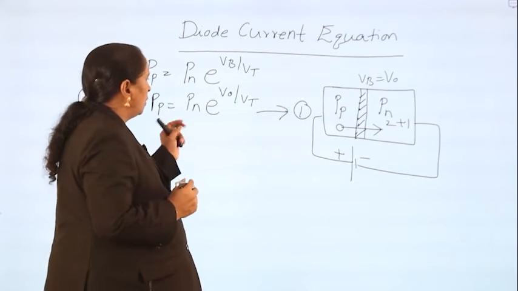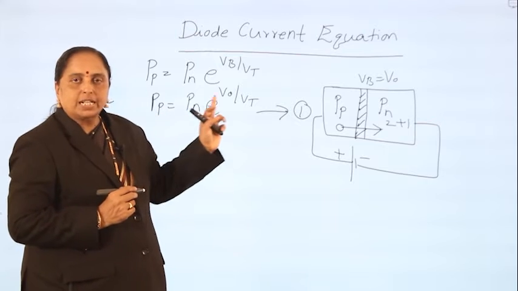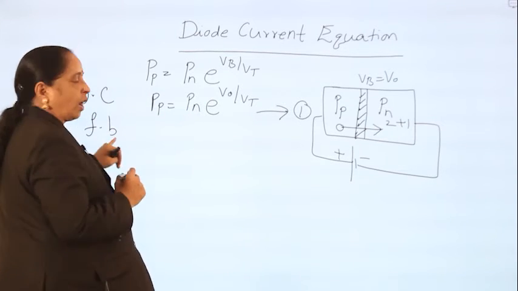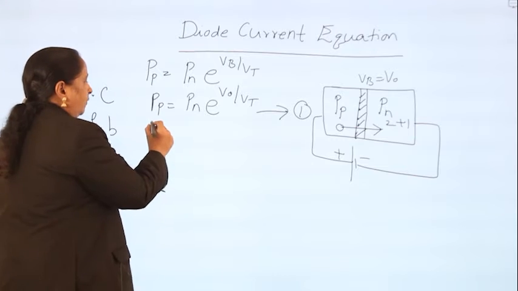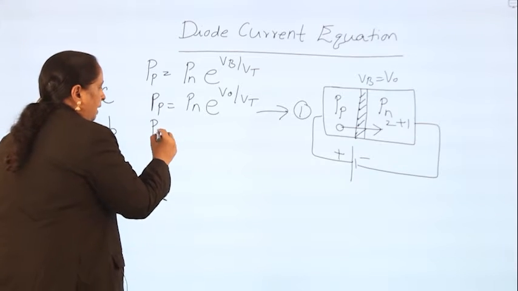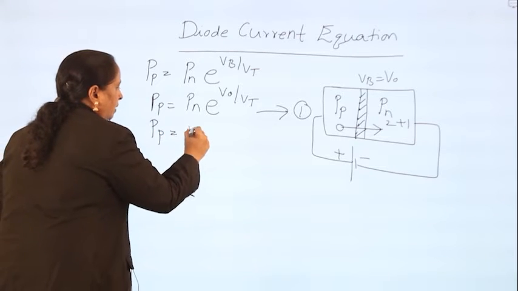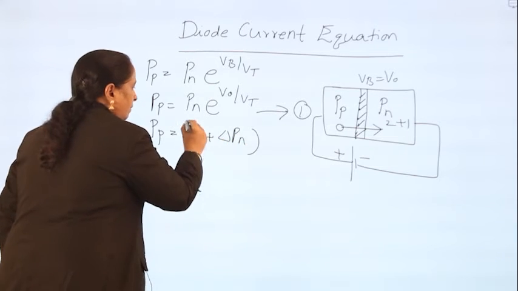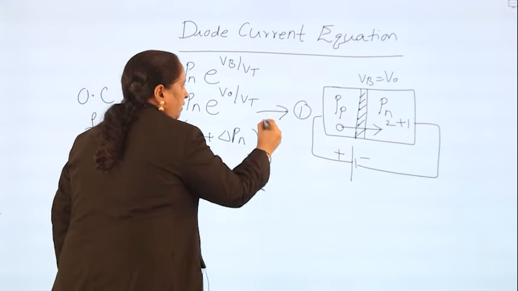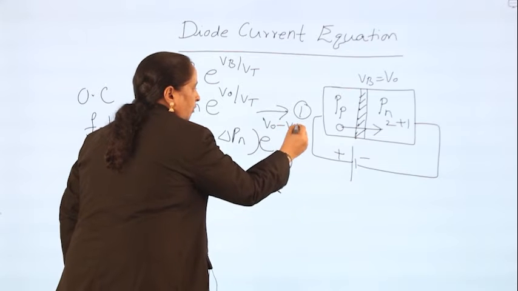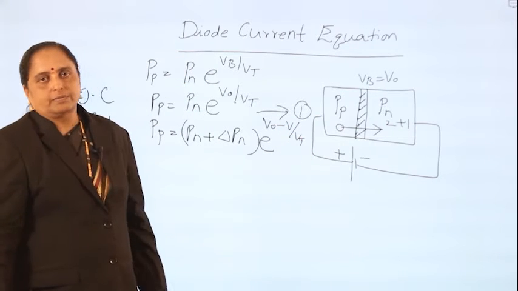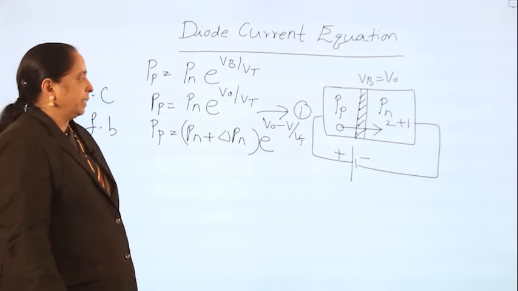Now, when the PN junction diode is under forward bias condition, Pp will become Pn plus delta Pn into e power of the barrier voltage, which now decreases, so V naught minus V by Vt, where Vt is the volt equivalent of temperature.